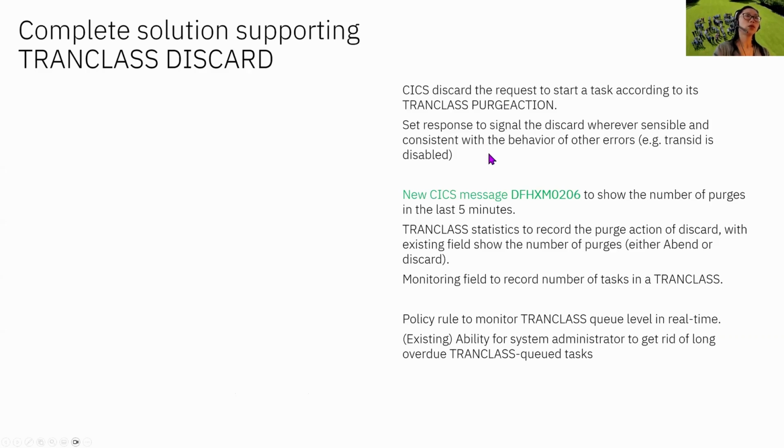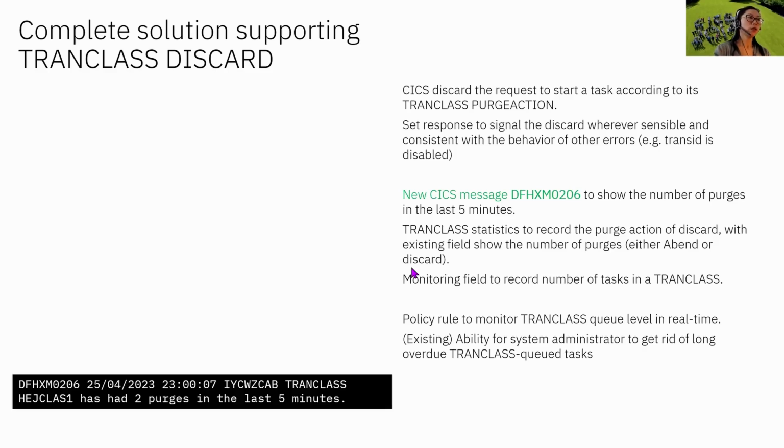CICS will also signal the discard when it's sensible and consistent with the behavior of other errors. I will show you later what kind of response will be sent back to the requester in what circumstances. CICS will also have a new message called DFHXM0206 to show the number of purges in the last 5 minutes for a particular tran class.